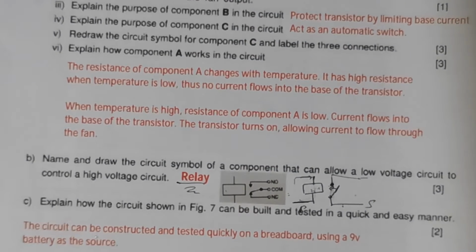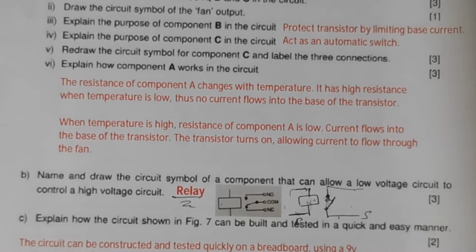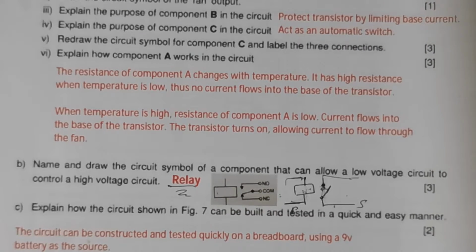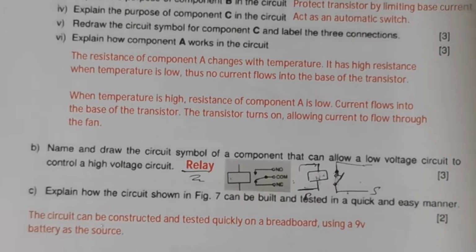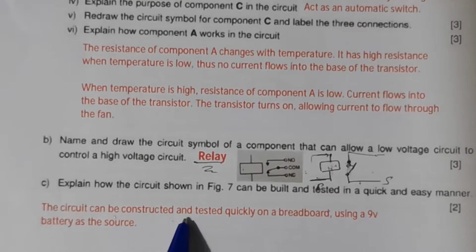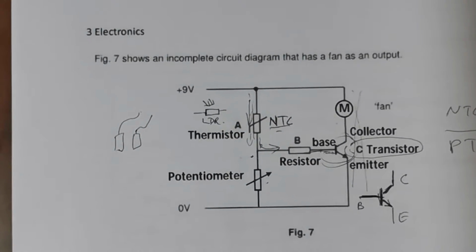Now explain how the circuit shown in figure 7 can be built and tested quickly and in an easy manner. The circuit can be constructed and tested quickly on a breadboard using a 9-volt battery as a source. You can get a 9-volt battery, the squarish one.